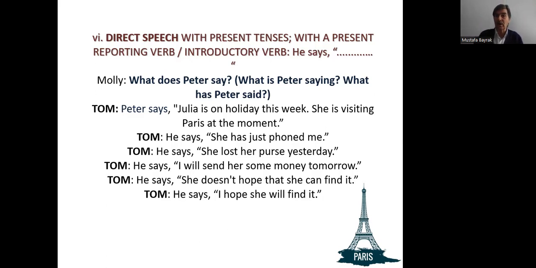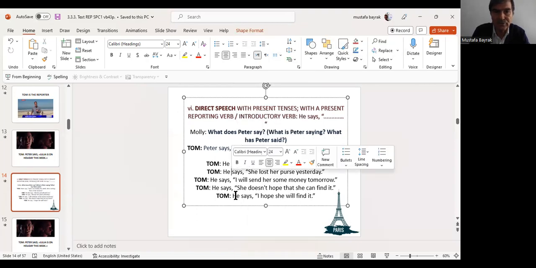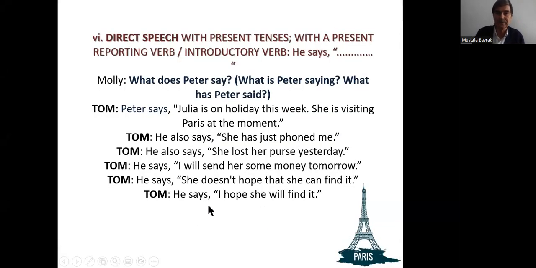Tom again goes on reporting. He says, he also says, we can put also here, yes, he also says, she lost her purse yesterday. Wallet in gentlemen, but purse in ladies.